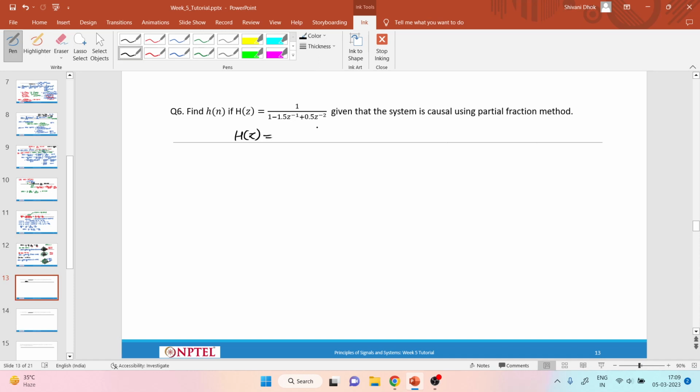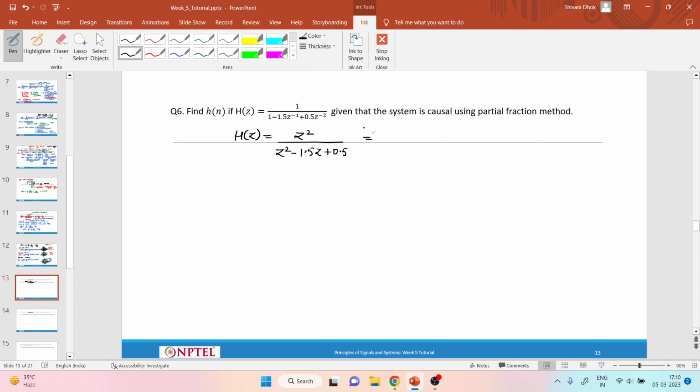So this we can write as z square upon z square minus 1.5 z plus 0.5.